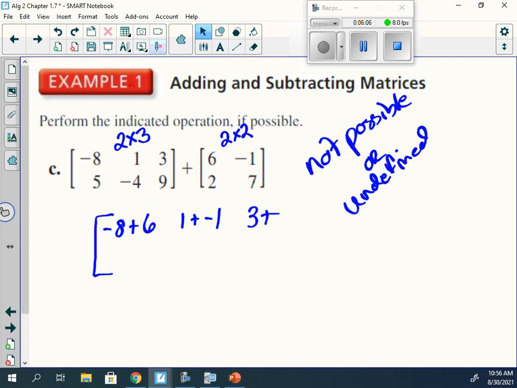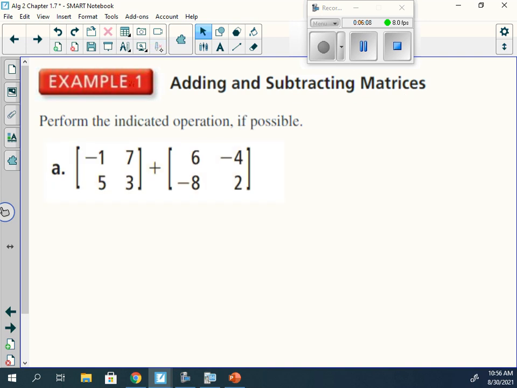All right. Move on to the next one. Perform the indicated operation if possible. Can we add these two together?